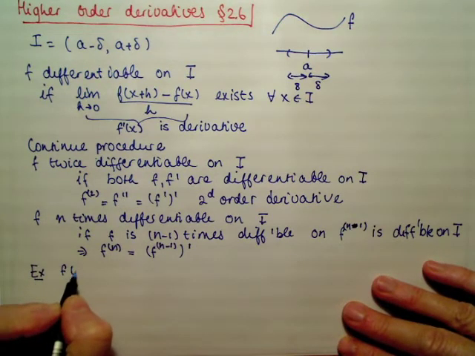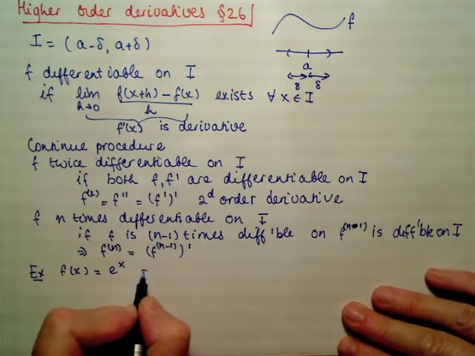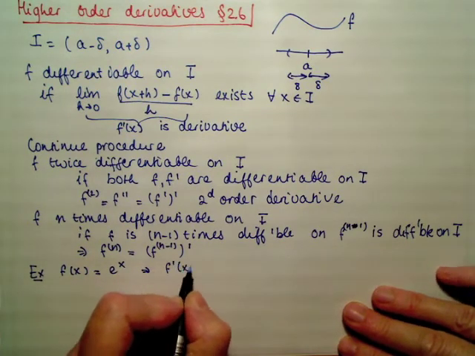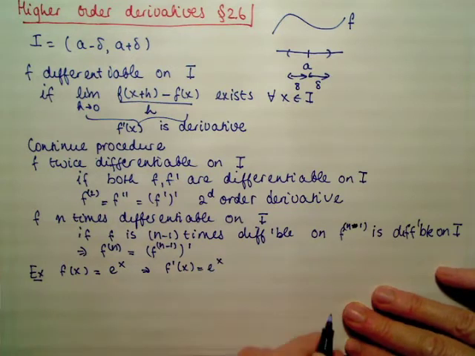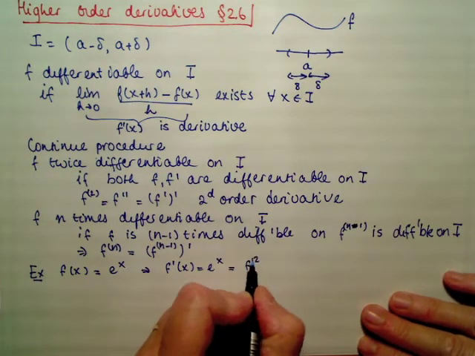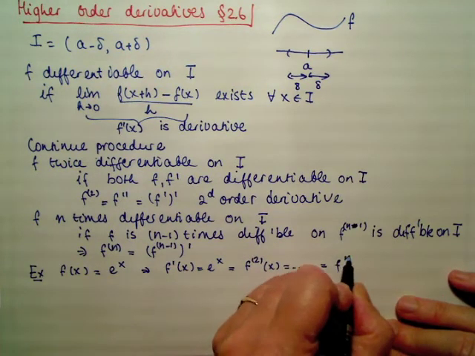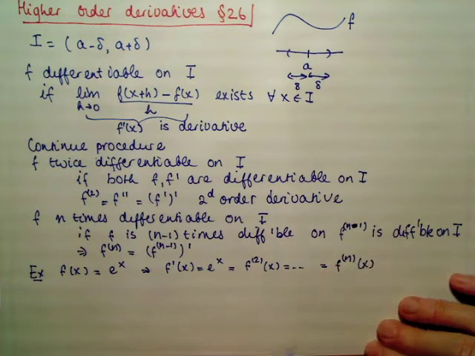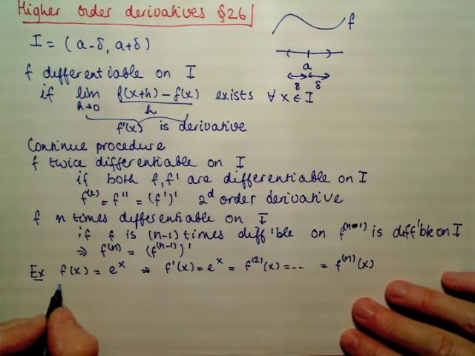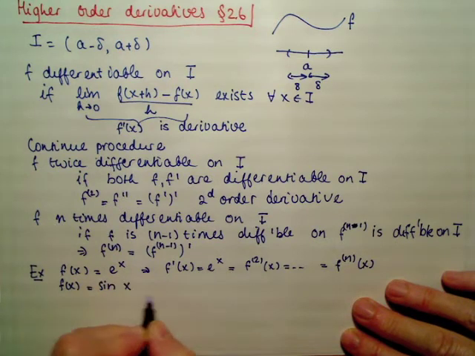So suppose that we have the function f of x is e to the power x, then we know that the first derivative is the same as the function itself, and so if we differentiate once more, we get the same derivative, and so on. So each derivative is equal to the function itself. Another example is when f of x is sine of x.